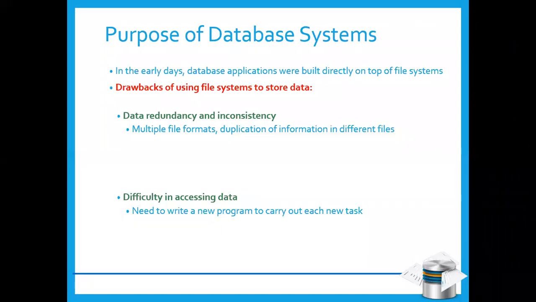Still, it is Manuel, Kochi. So there is an inconsistency. If there is a change in the record, I have to make changes in many places. That was the problem with file systems. But in databases, if Manuel changes his residence to Mumbai, I make a change in a single place because all these tables are linked. The change will be reflected everywhere.